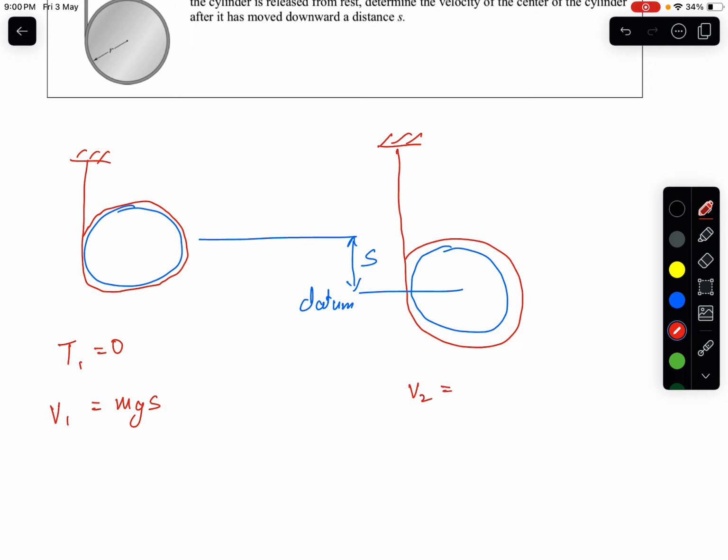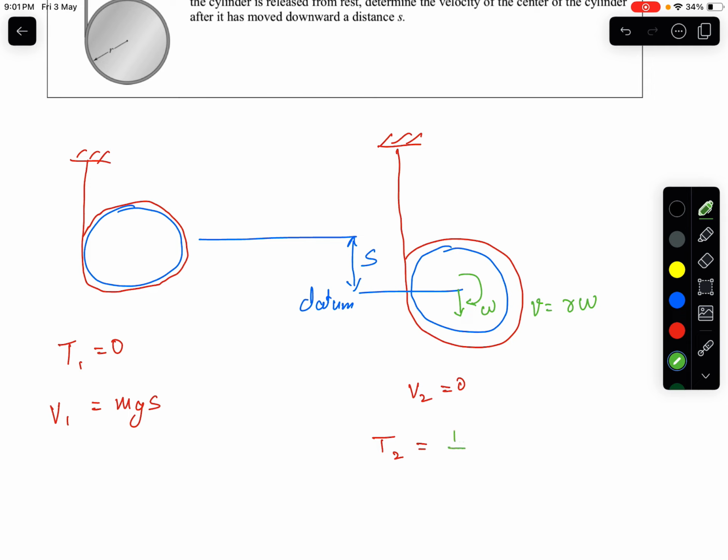Here V2 will be 0 and T2 would be, when it has obtained an angular velocity omega, V can be written as r times omega.